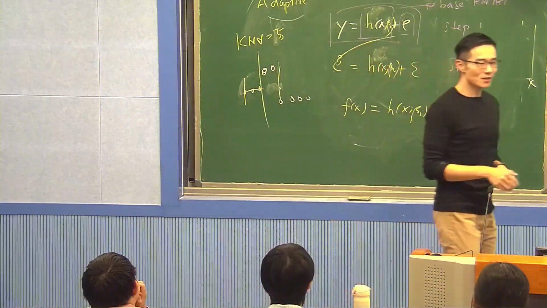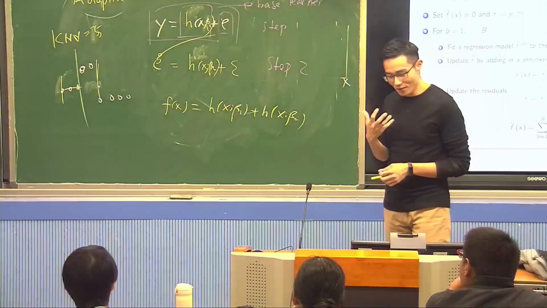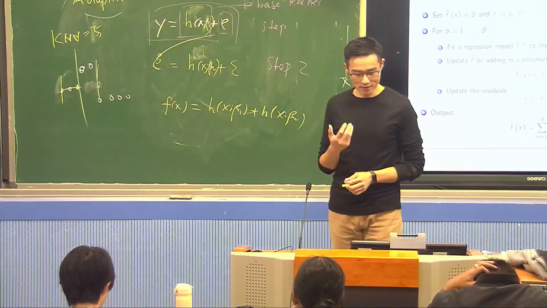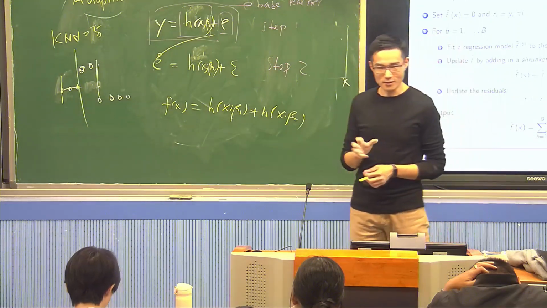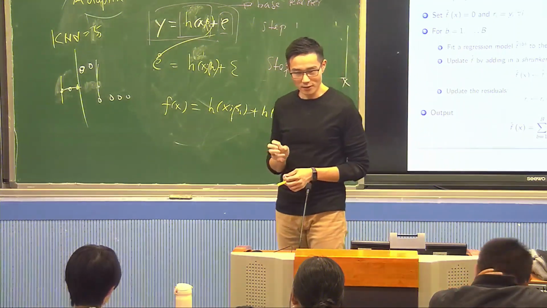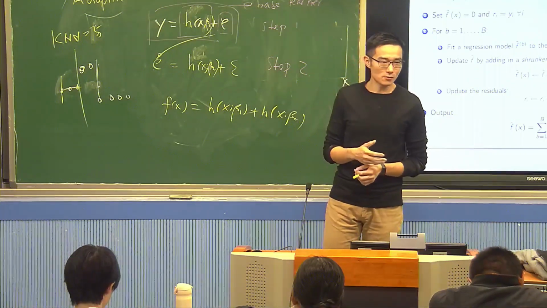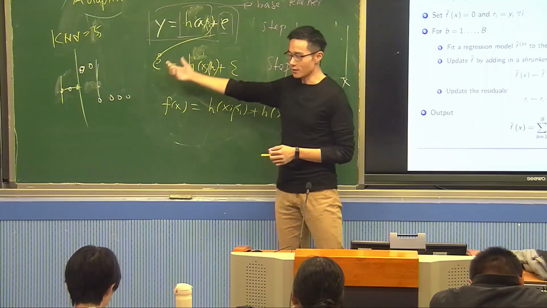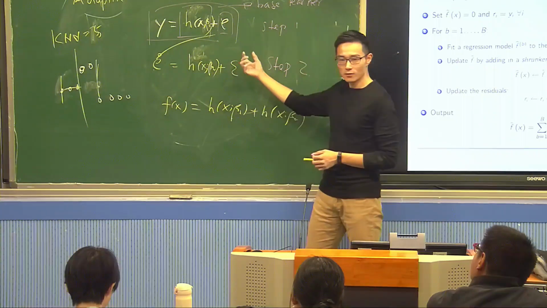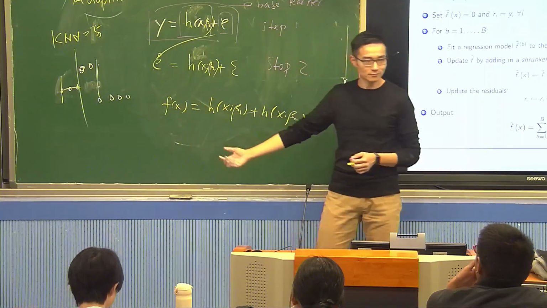So this is sequential fitting. The idea is very, very simple. I fit my model first, and then there are some errors I cannot explain. So now let me explain those errors. I fit the same model, typically a very flexible model like a tree, to my errors, and then there are still some errors I cannot explain, and I fit again, and fit again, and fit again, until I'm done.